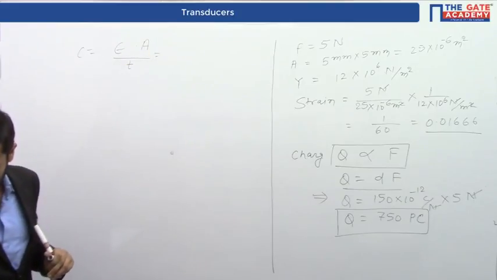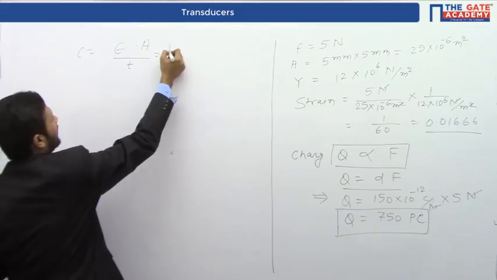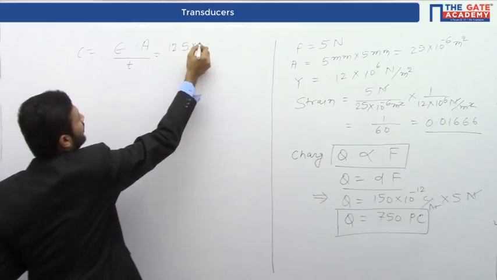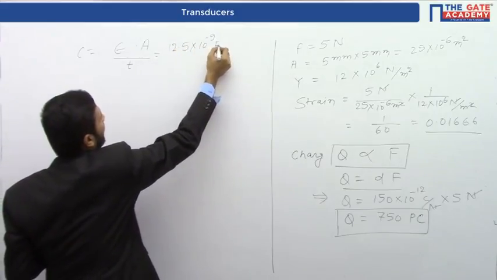The permittivity of barium titanate is given as 12.5 into 10 to the power minus 9 farad per meter.